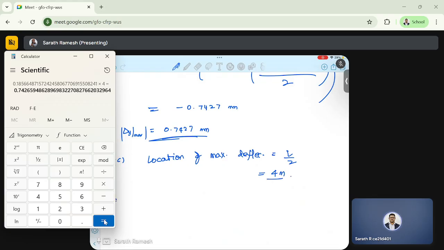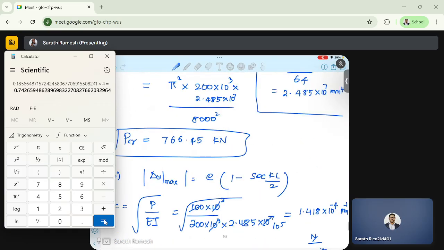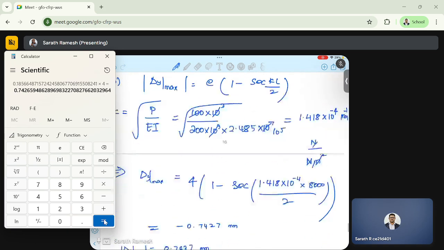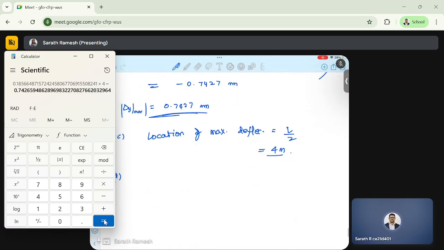Okay. And D, bending moment max. You know, M max is what? P into E plus y max. Now just substitute delta y as delta y max.